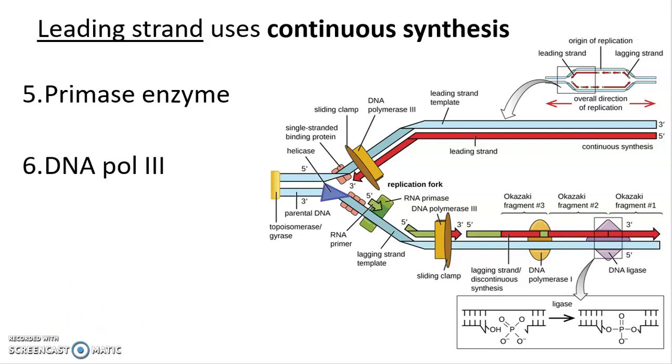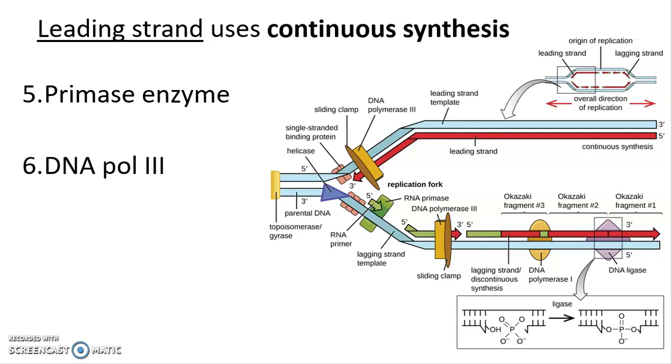And once that RNA is built onto your DNA, now your enzyme DNA polymerase can come along and it will have a free 3' hydroxyl group on your DNA strand that it can use to start adding new bases.